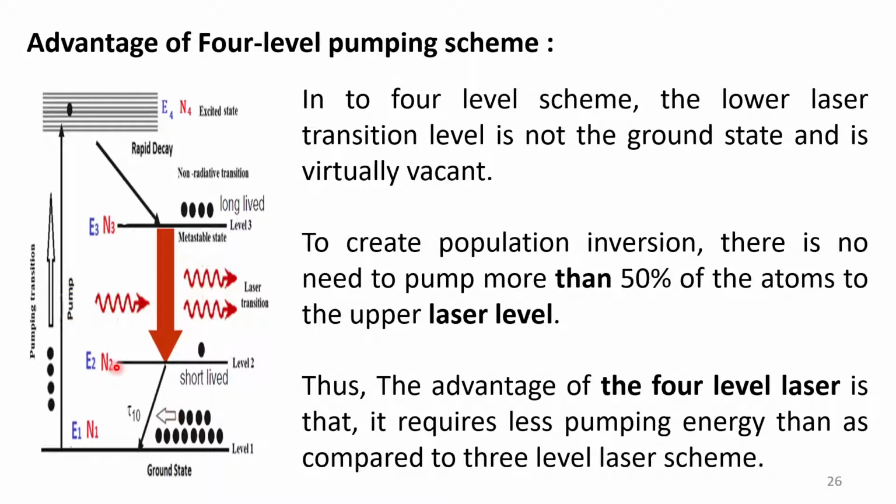That means here E2 acts as a terminal level, and due to that there is no need to create the population inversion between the levels E3 and E1, because E2 acts as a terminal level. That means there is no need to pump more than 50% of the atoms to the upper energy level from the ground state energy level.